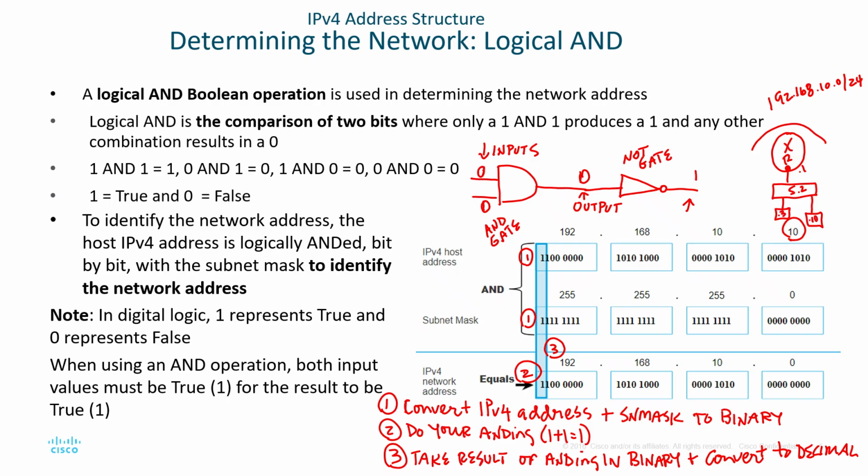And in this network, I can have a range of .1 to .254. Okay, so this would tell us that that .10 is a device on the all-inclusive 192.168.10.0 network.